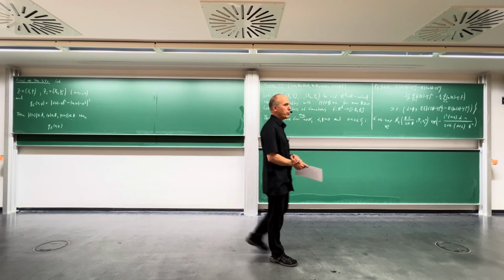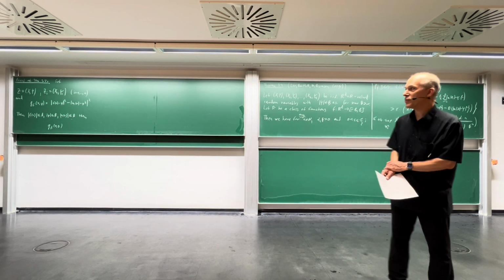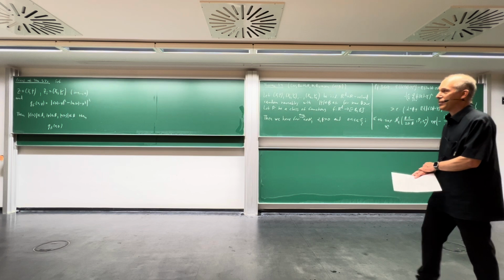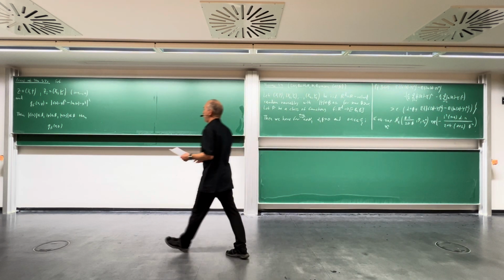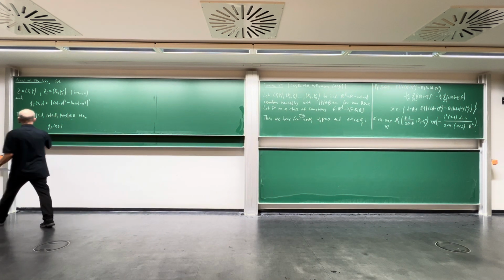The one which I subtract is also in the interval from 0 up to 4b squared. So the difference will be between minus 4b squared and plus 4b squared.